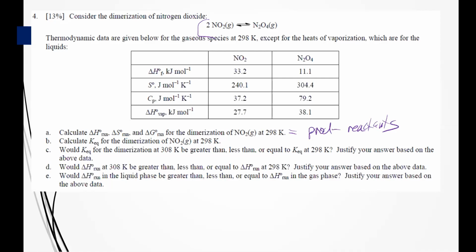So for delta H of our reaction, that becomes 11.1 minus 2 times 33.2. Our delta S is 304.4 minus 2 times 240.1. Once we have those, we can use that to plug in for our delta G. Do you guys have any questions on that part?